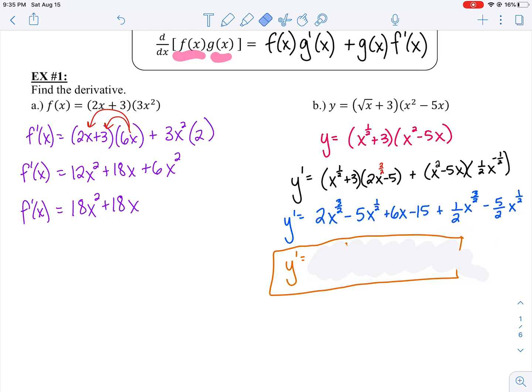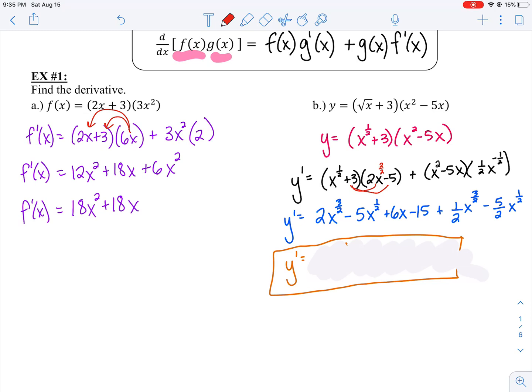So when I distribute it, I end up getting 2x to the 3/2. When I distribute the x to the 1/2 to the negative 5, I end up getting negative 5x to the 1/2. I'm going to distribute the 3 to the 2x, that gives me a 6x, and a 3 to the negative 5, that gives me a negative 15. So I just FOILed with my exponents.